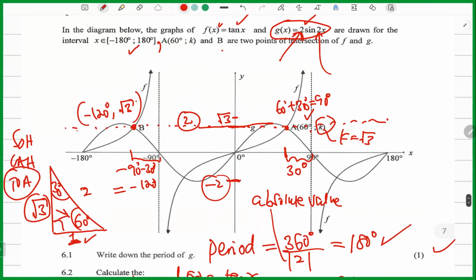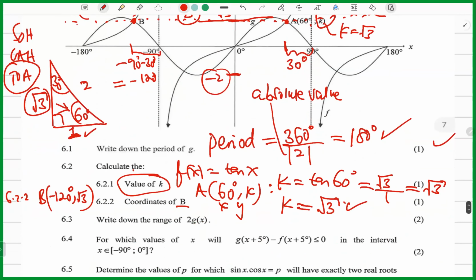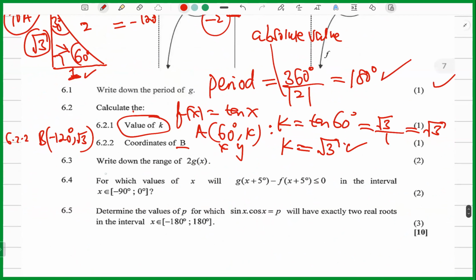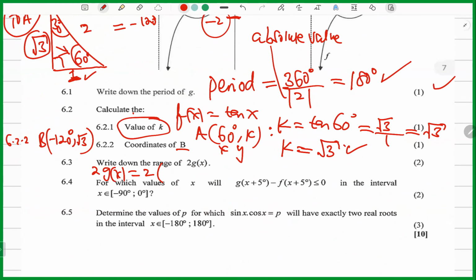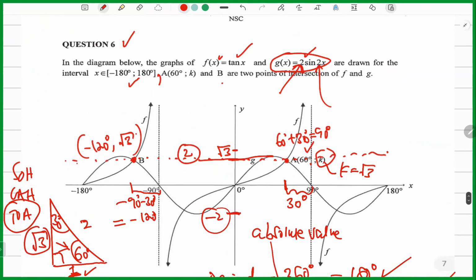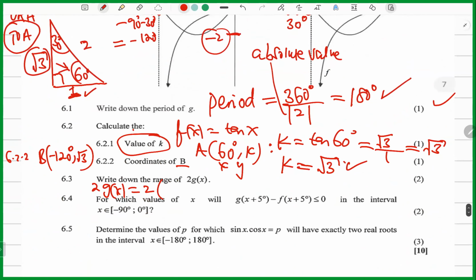Now, if you want to get for twice g, so you'd have, what is the function g? 2 sine. So 2 by 2 is 4 sine.